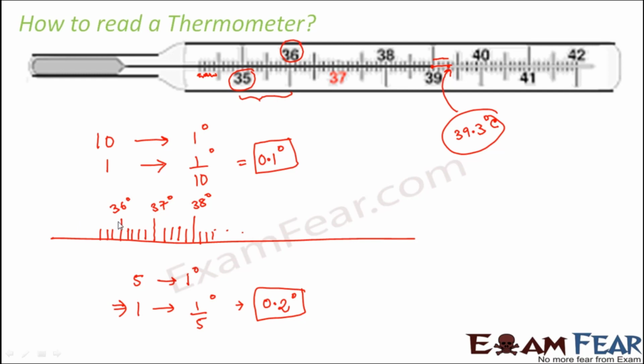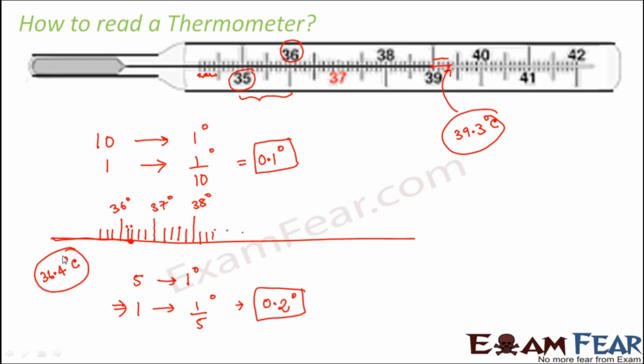So in this case, let us suppose the mercury level went up to this point. What would be the temperature? The temperature would be 36, 0.2, 0.4. So that will be 36.4 degree Celsius.